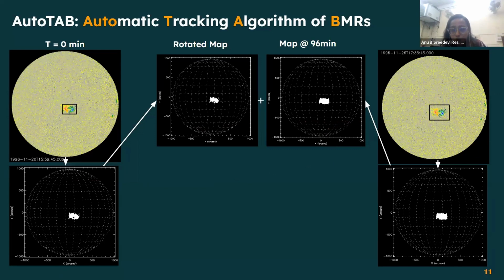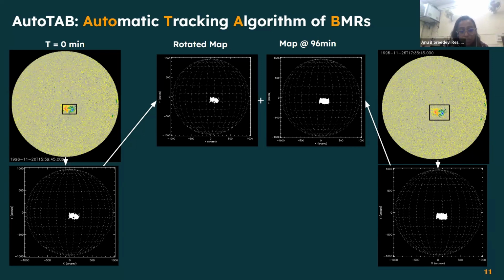Our detection algorithm works by looking for the intense magnetic field region. So how do we decide what is a strong magnetic field region? If it's in a maximum phase, you have say 10 BMRs, so obviously, compared to them, a small BMR or a small ephemeral region will be lost.